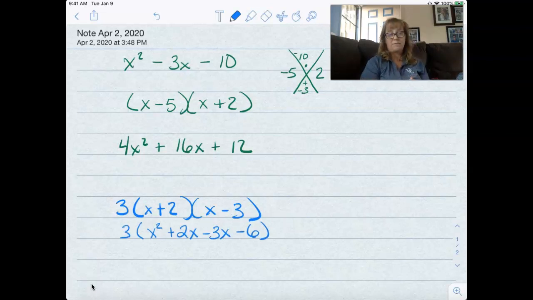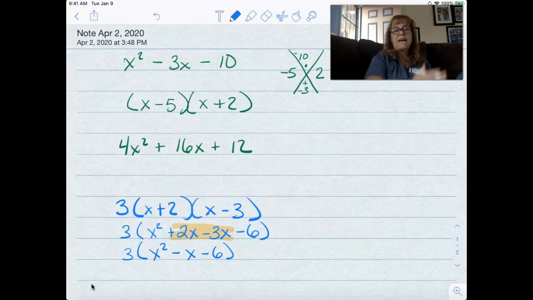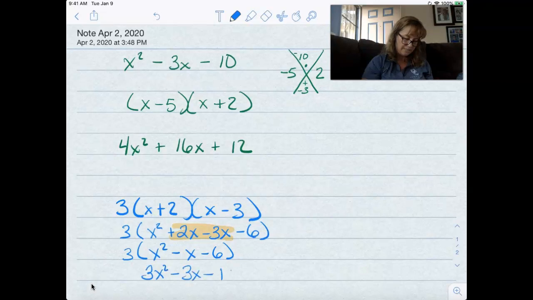And then you're going to want to times that by 3. Well, if you notice right here, we've got like terms that we have to combine. So let's simplify again. 3 times x squared minus x minus 6. And then now you're ready to multiply by that 3. Distribute it to each one, and you would get 3x squared minus 3x minus 18.